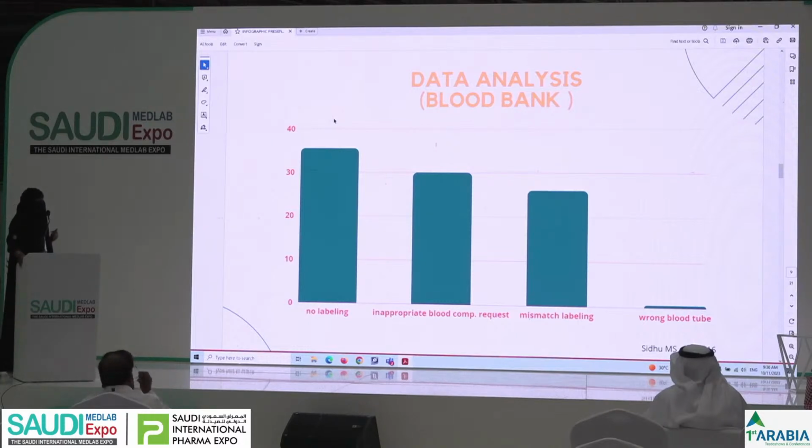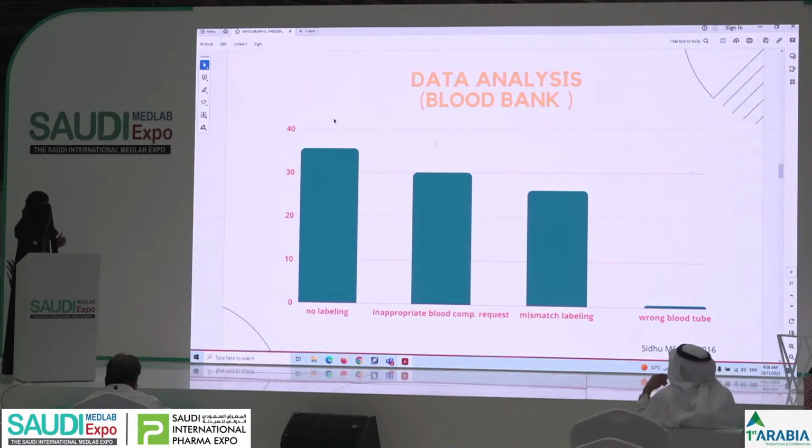Also, there was mismatched labeling. Sometimes they sent more than one sample at the same time for different patients. They put the test request with a different patient and vice versa, so they mismatch the samples when they collect the sample from the patients.